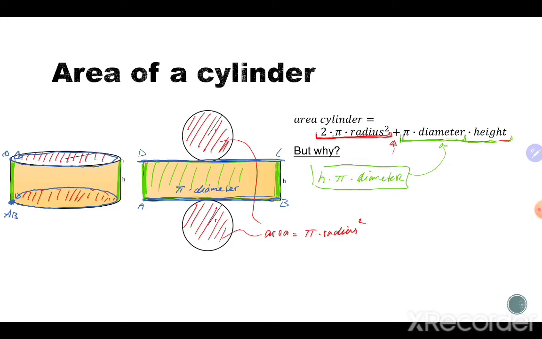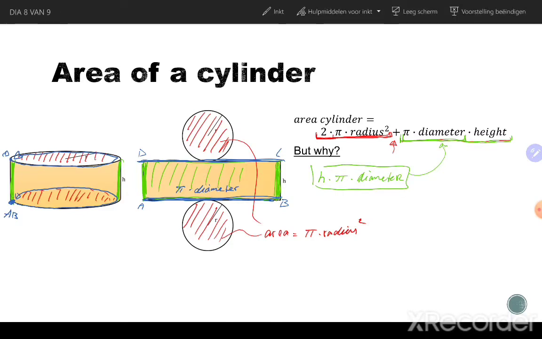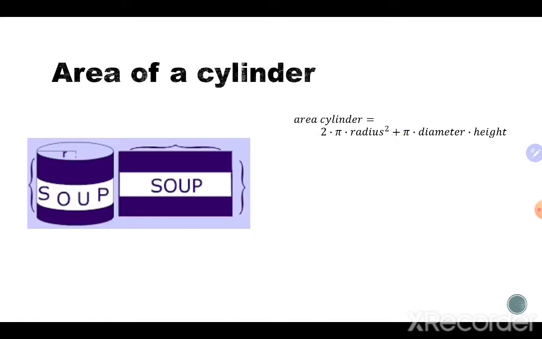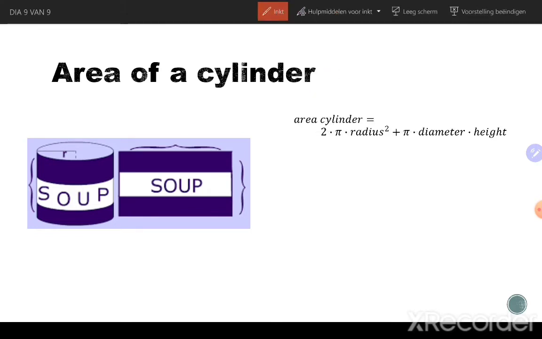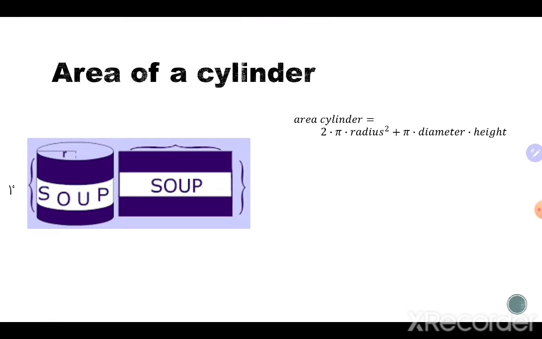Now let me look at another example, because there we're going to calculate the area of the cylinder. It is just a soup can without any measurements, so we're going to write down some lengths. The height of the can, let me say that's 12 centimeters. The radius is 3 centimeters.